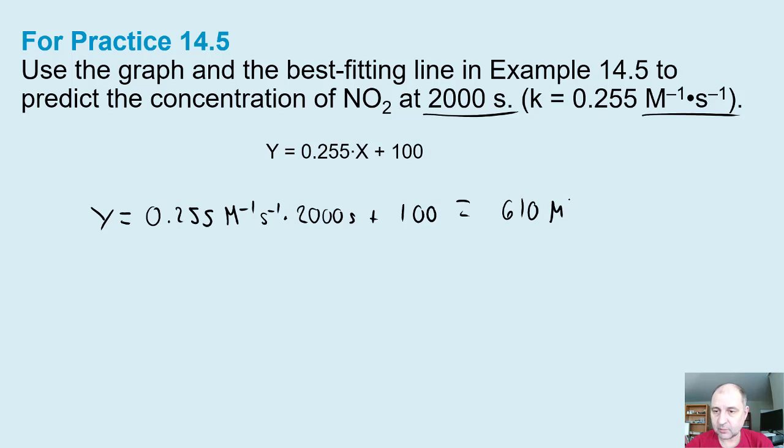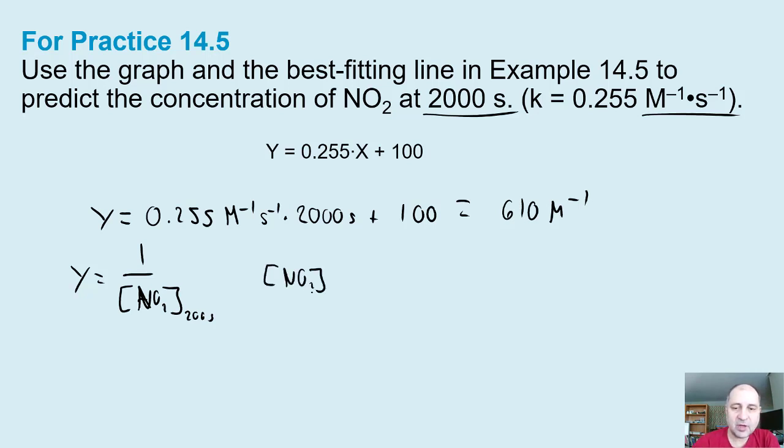And so if I solve for y, I get 610 per molal. And from the integrated rate law, I know that y is equal to 1 over the concentration, in this case of NO2, at 2000 seconds. So now I solve for NO2 at 2000 seconds, and that's just simply going to be 1 over 610 per mol.